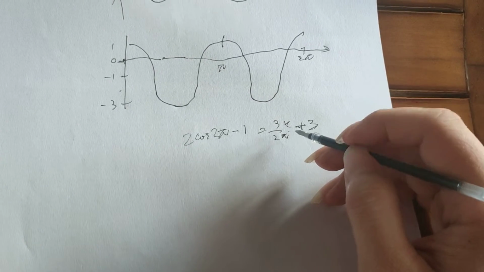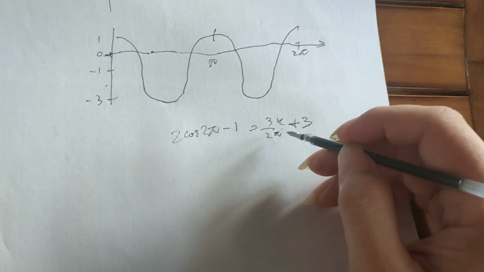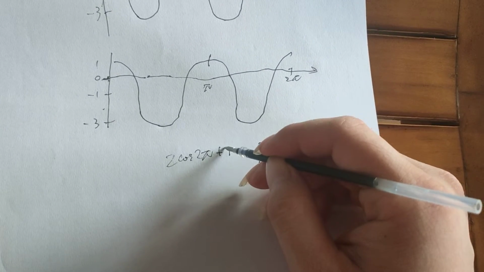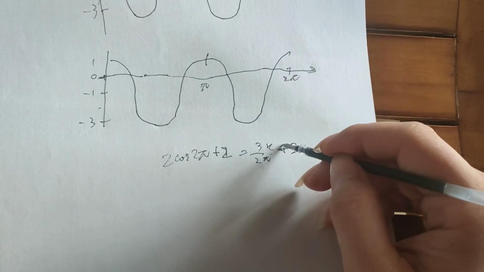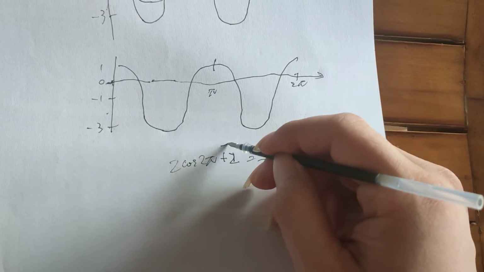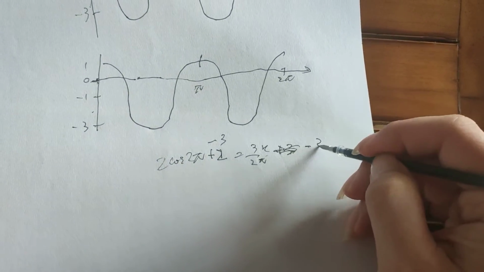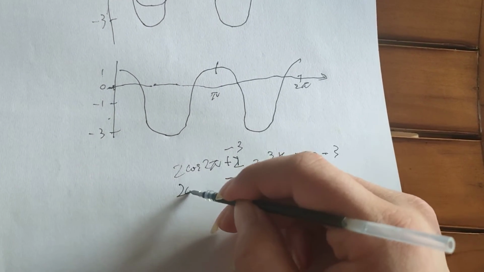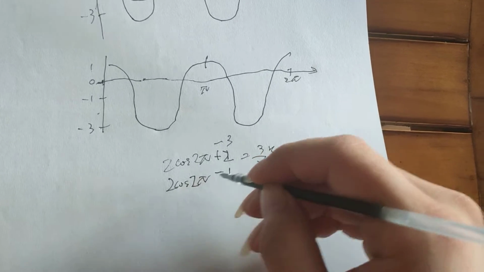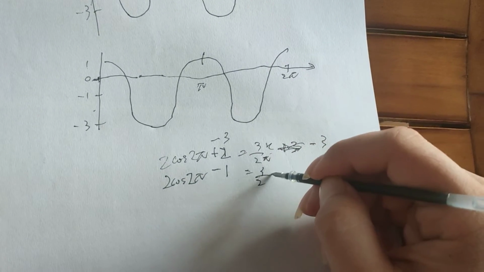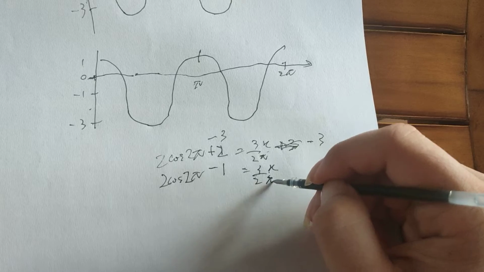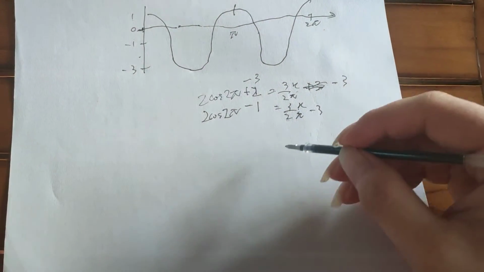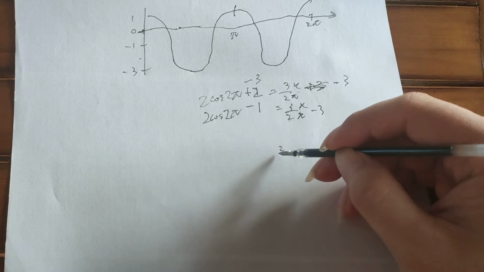So this one starts from 3, when x is 2/3 of a pi.